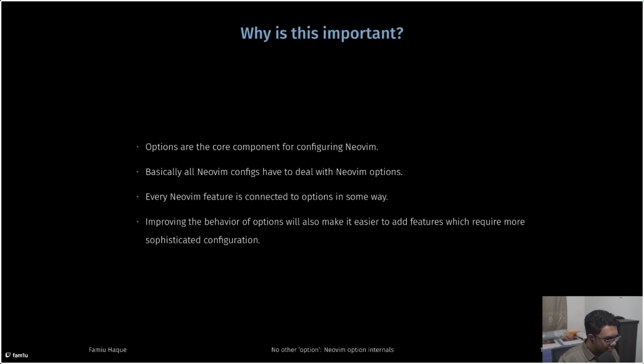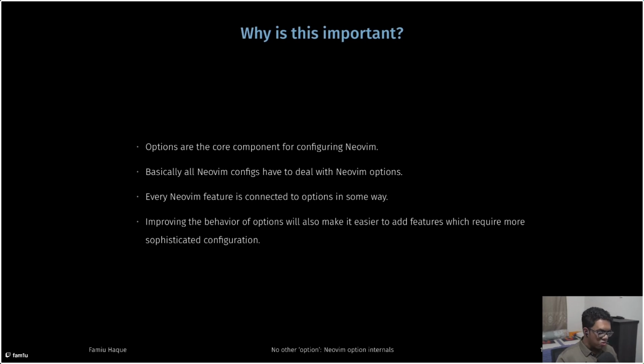Why is all of this important? Like, who cares? Why should you care? Who gives a damn about this? Well, let's see. Options are the core component for configuring Neovim.